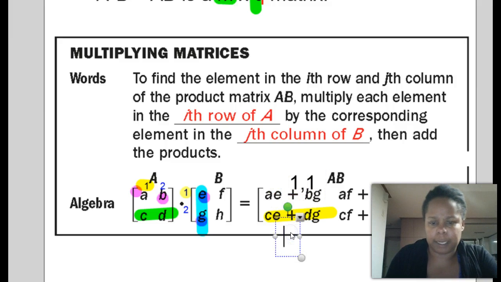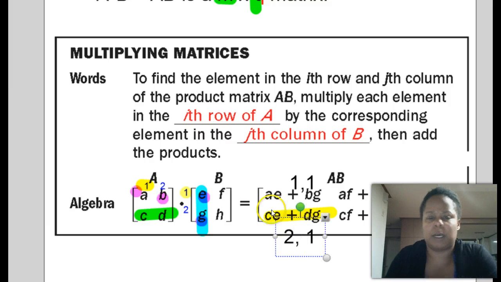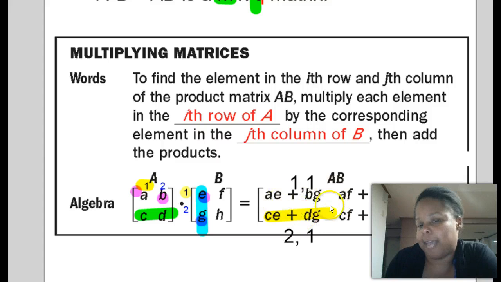This one is the second row, first column. And that's why we use the second row and the first column. So in other words here, first times first, C times E, second times second, D times G. And then I add the 2 together. We do the exact same process for each of the other ones.